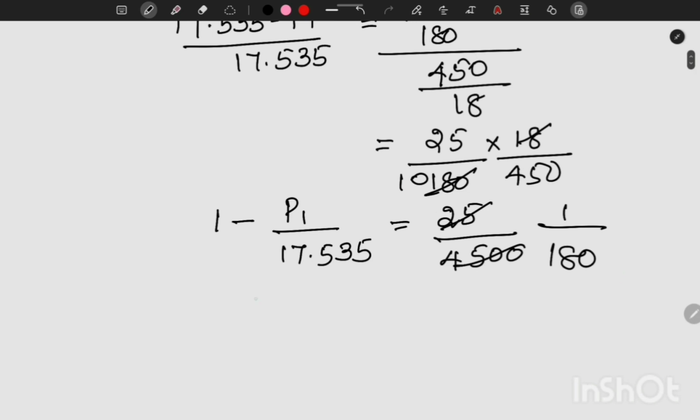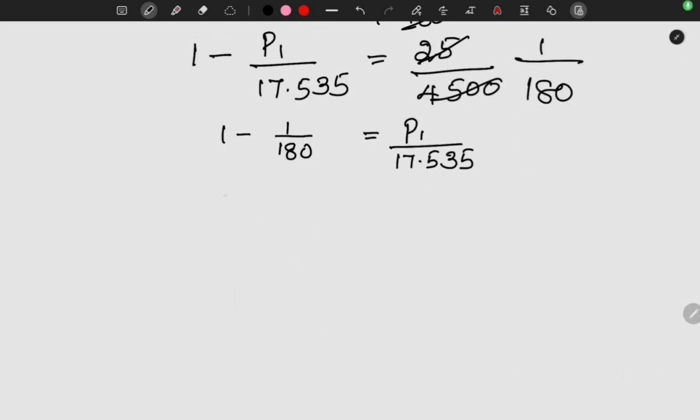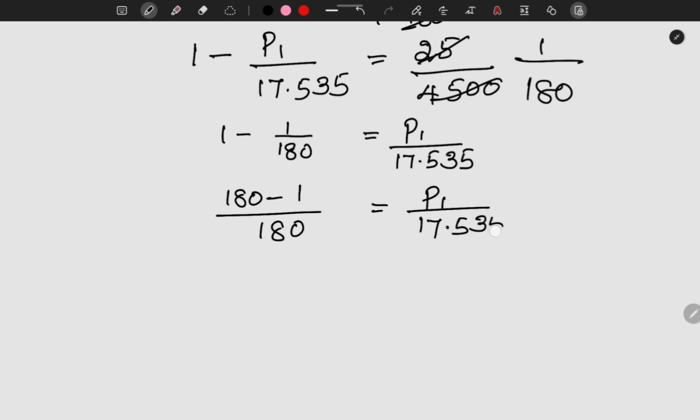Now 1 minus 1 by 180 is equal to P1 by 17.535. So when we take the LCM, 180 minus 1 by 180 is equal to P1 by 17.535.